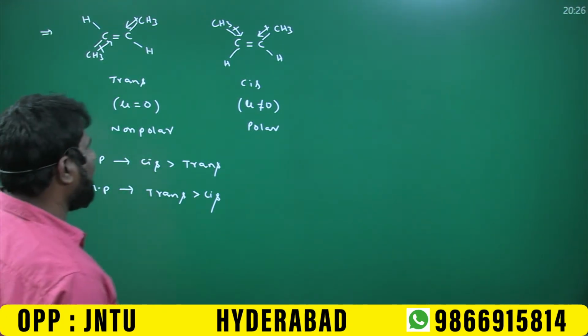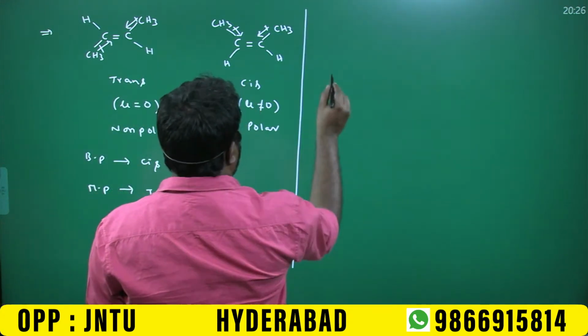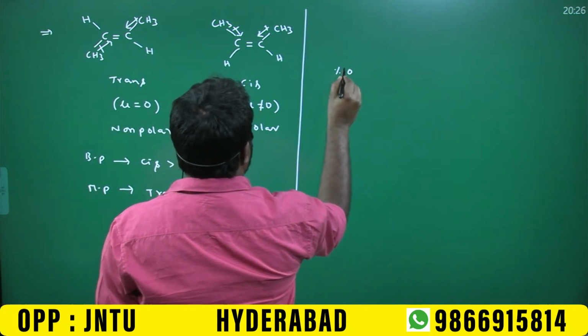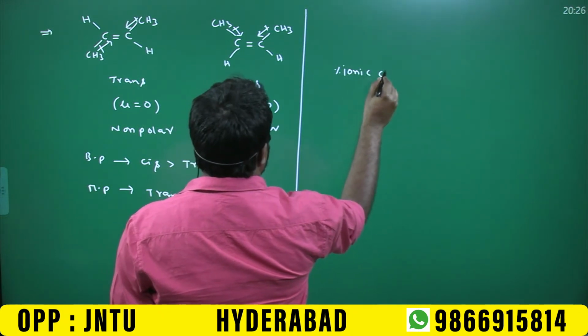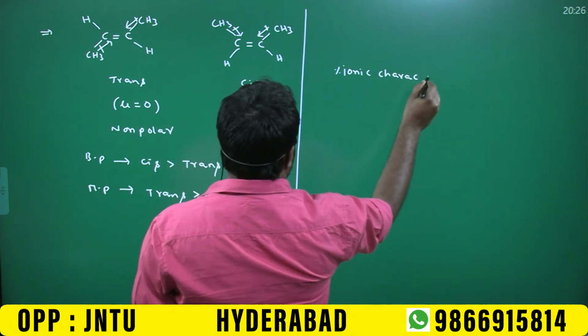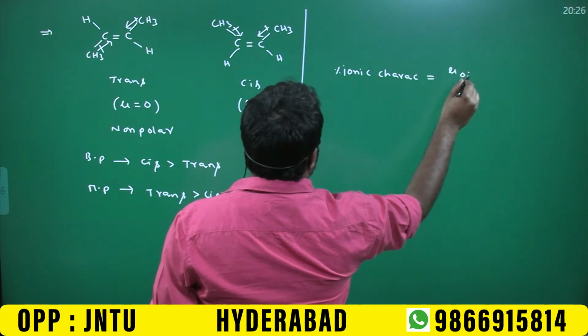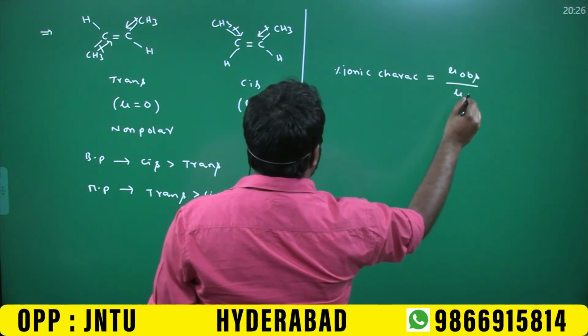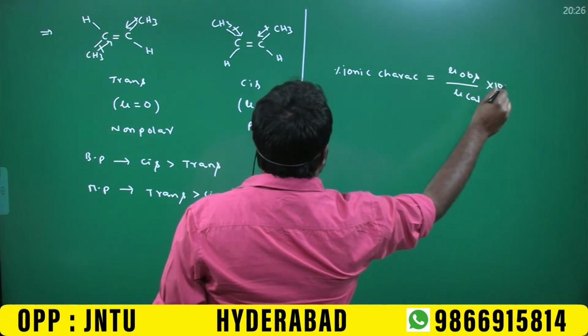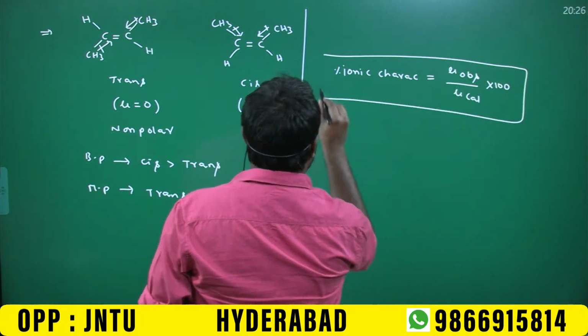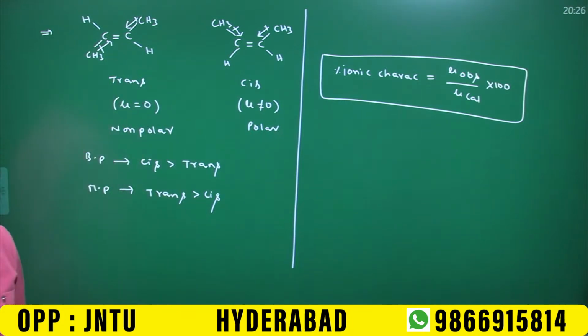The last application: based on dipole moment, we are going to calculate the percentage of ionic character in a given covalent compound. That equals mu observed by mu calculated into 100. This is the formula for percentage of ionic character. We can find polarity, electronegativity, and geometry, and besides all these, we can find percentage of ionic character.